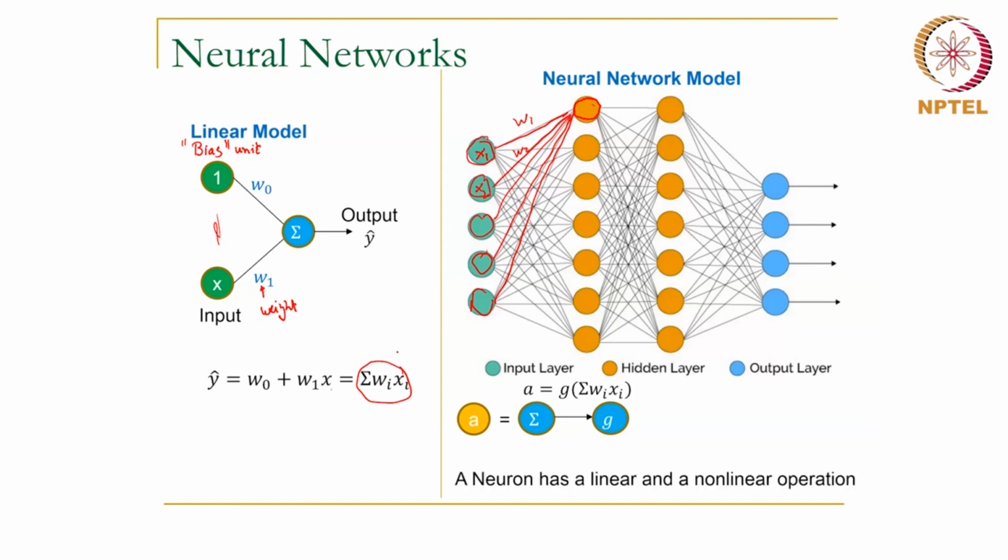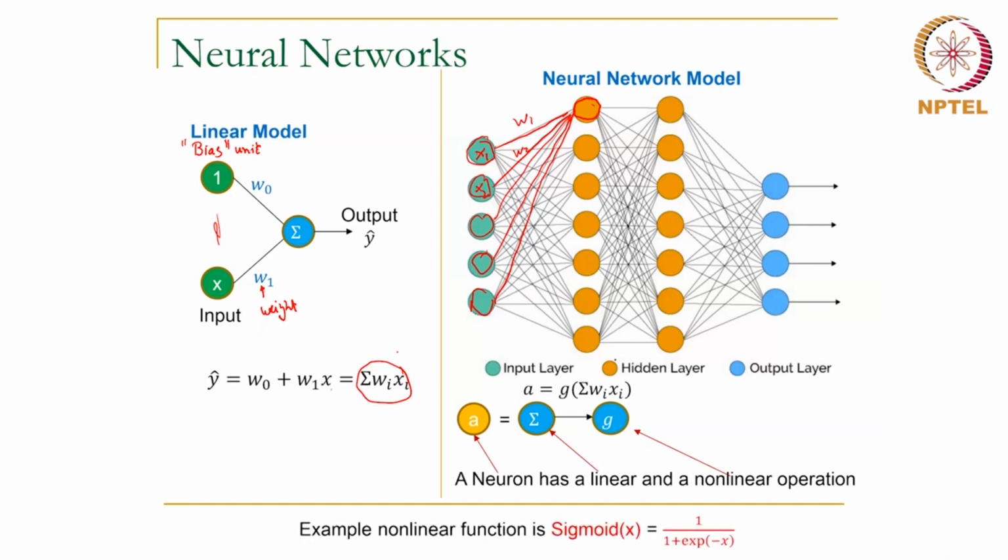So every neuron has a linear and a non-linear operation. The linear operation operates on a vector of inputs, just does wi xi, and the non-linear operation works only on a scalar. It takes a scalar in and gives another scalar out. That is it. So A is the neuron, sigma is the linear operation, and g is the non-linear operation.